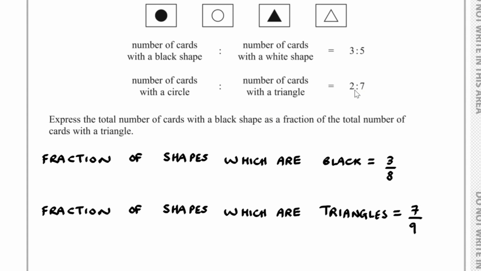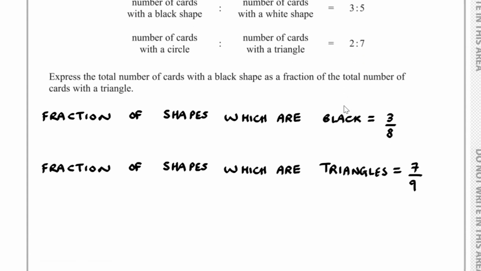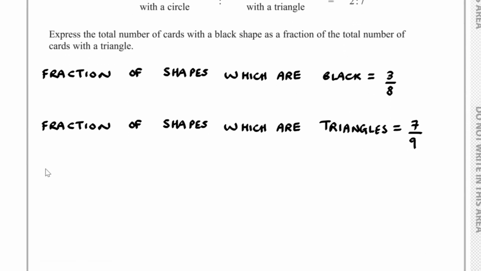I've got 7 out of 9. And so therefore, what I need to do is work out the total number of black shapes as a fraction of the total number of cards with a triangle. So I need to express 3/8 as a fraction of 7/9.